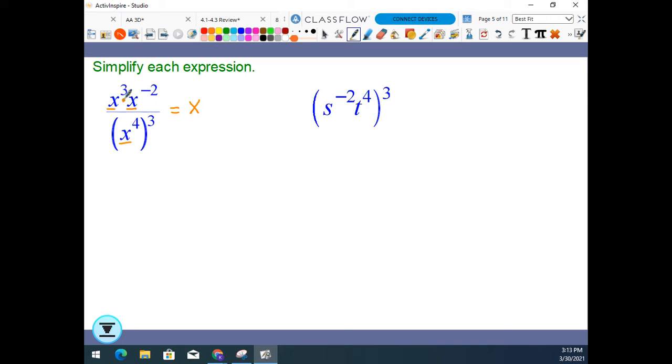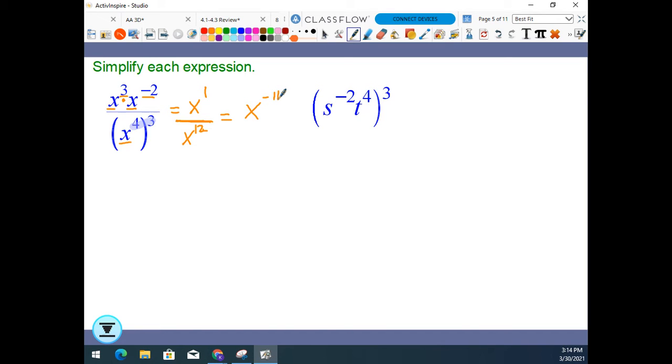When you multiply bases, add the exponents. 3 plus -2 is just 1. In the denominator, the rule is a power to a power, so we multiply. Now we're dividing bases that are the same, so I can combine bases. Since we are dividing the bases, we subtract the exponents.